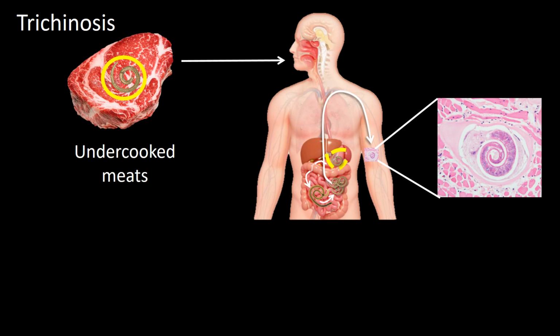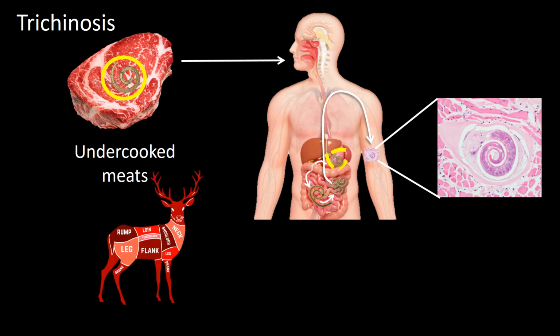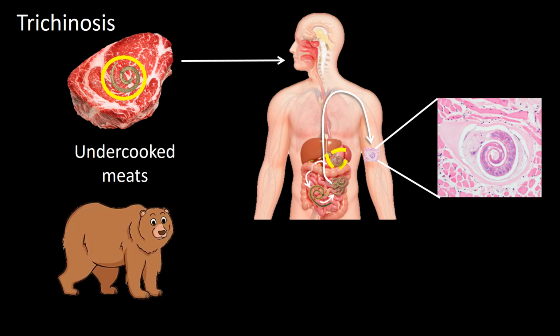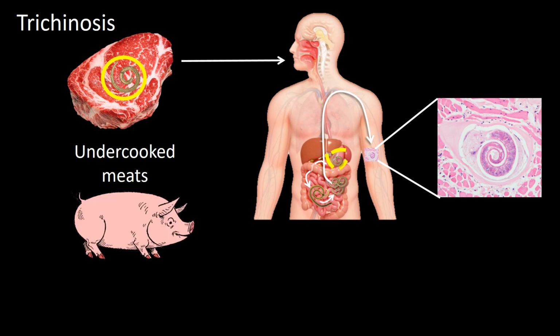The second condition listed in this question is trichinosis myositis. This condition occurs due to ingestion of undercooked meat infested with encapsulated Trichinella. The meat may be from wild animals, including deer and bears, but more often from pigs.